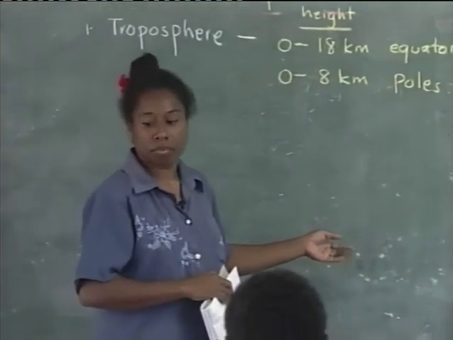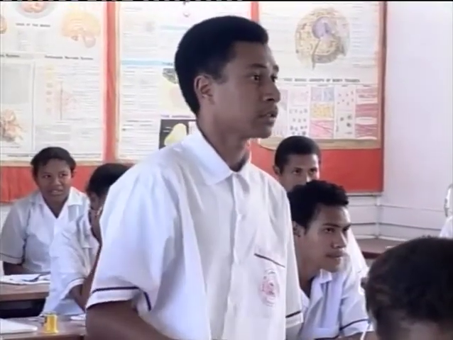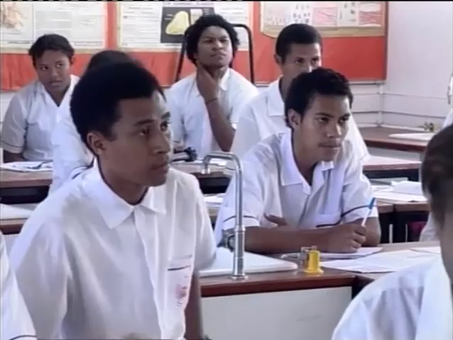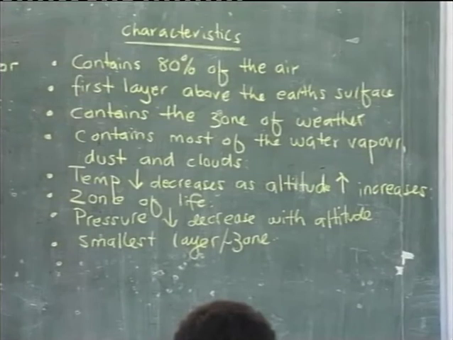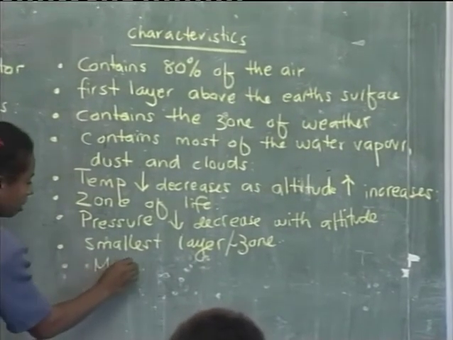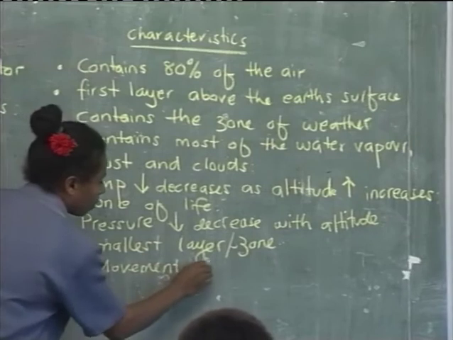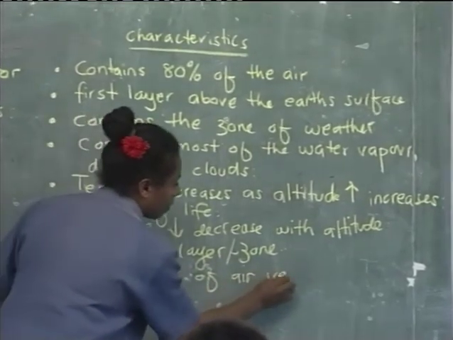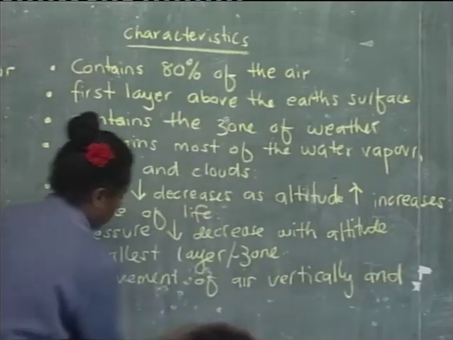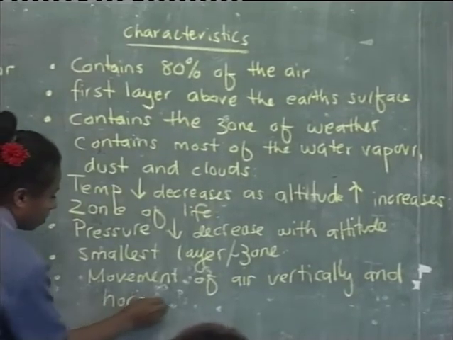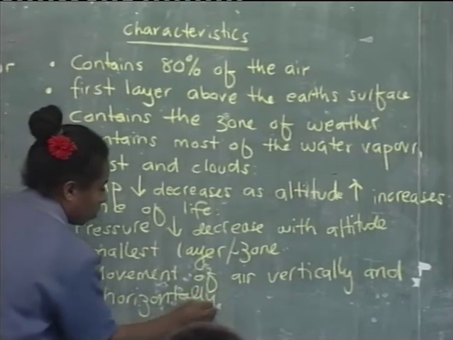Celesi? It is the zone where vigorous mixing of air transpires. Mixing of air transpires. Okay, very good. We can also put in here another important characteristic within this particular zone: the movement of air vertically and horizontally.